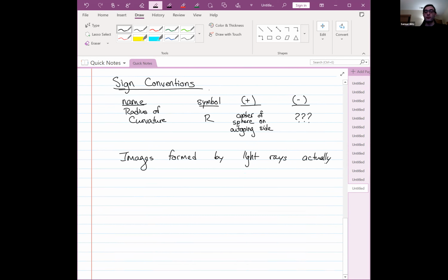So remember, images are formed by either light rays converging at a point where the image is, or appearing to diverge from a point. So images formed by light rays actually converging, meaning the light rays actually go to that point.